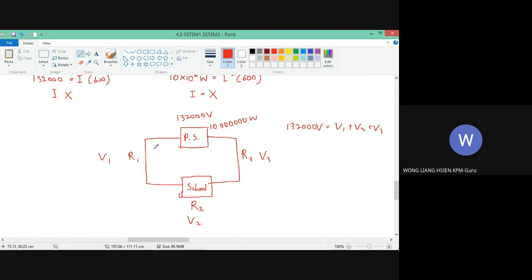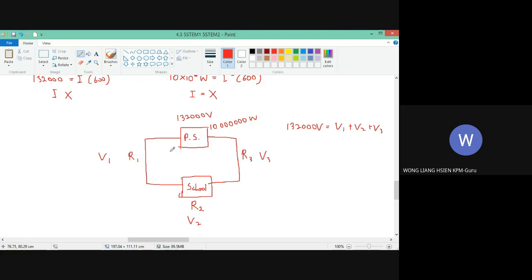is not the power of the cable and definitely not the power of the spool. This 10 megawatt is also shared among the cable and the spool. That means the cable gets a part of the 10 megawatt, the spool gets a part of the 10 megawatt. Understand? Why is it that the cable also gets some of the 10 megawatt?